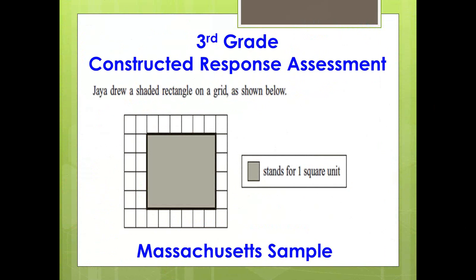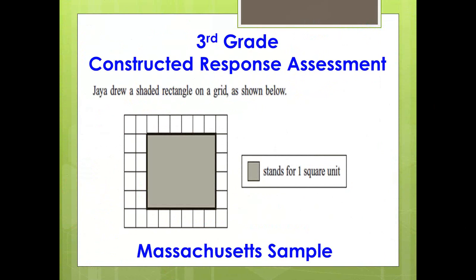The assessment item for 3rd grade is a constructed or maybe an extended response assessment item. We'll see when we actually get to the student work. This constructed response item states that Jaya drew a shaded rectangle on a grid as shown below.